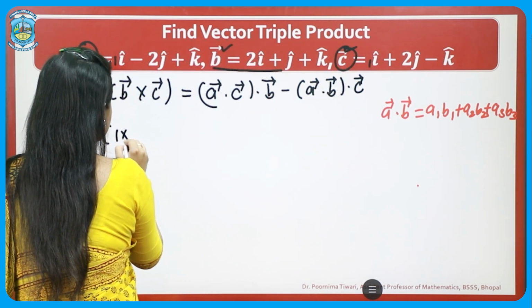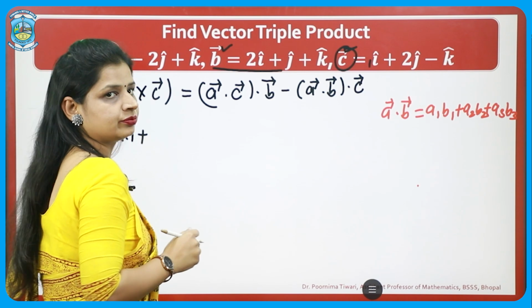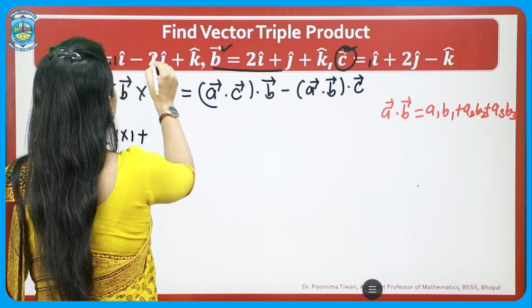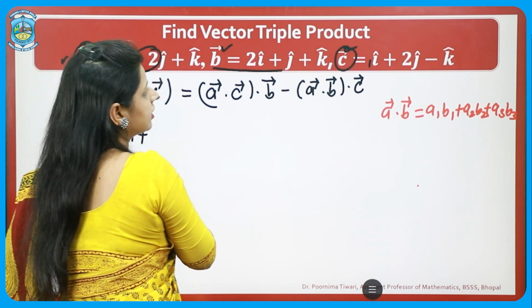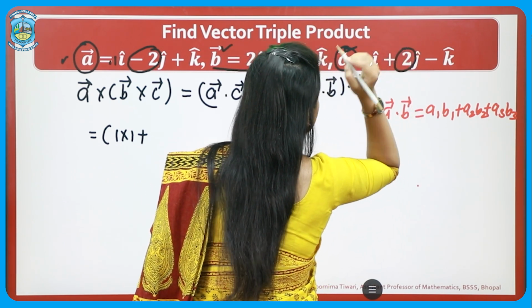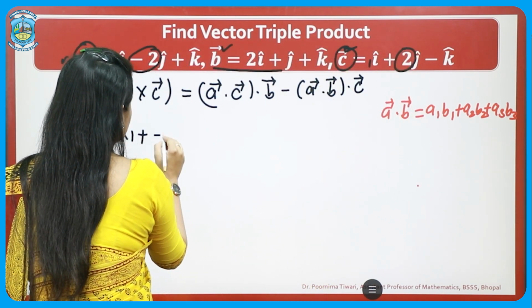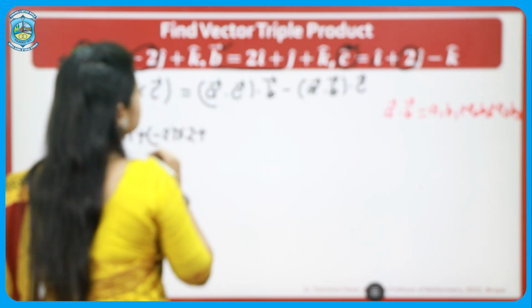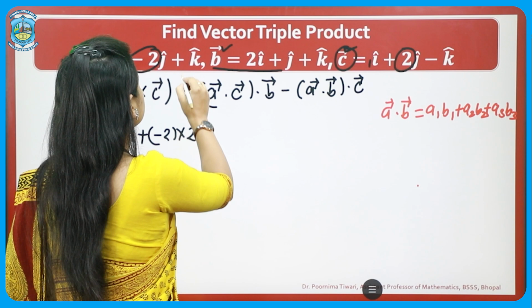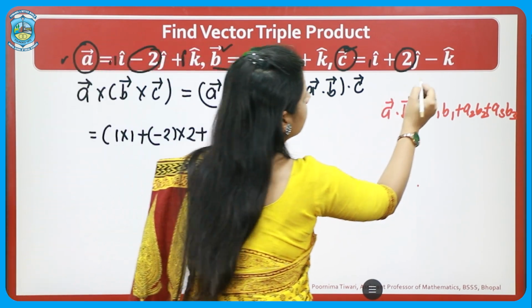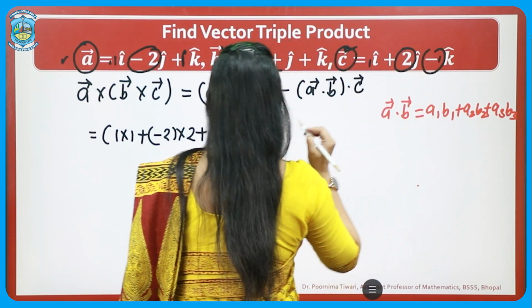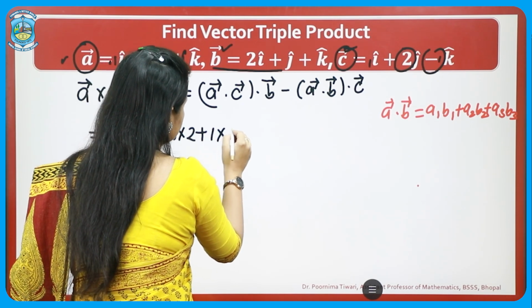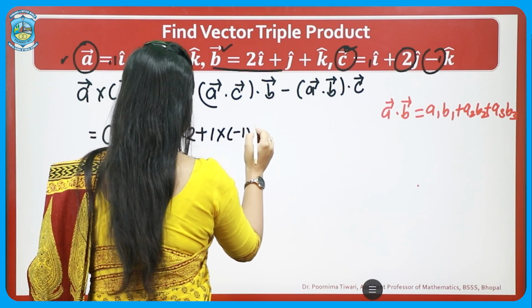So, this is 1 into 1 plus A2 C2. The value of A2 is minus 2 and the value of C2 is 2. So, minus 2 multiplied by 2, plus A3 C3. The value of A3 is 1 and C3 is minus 1. So, 1 into minus 1.